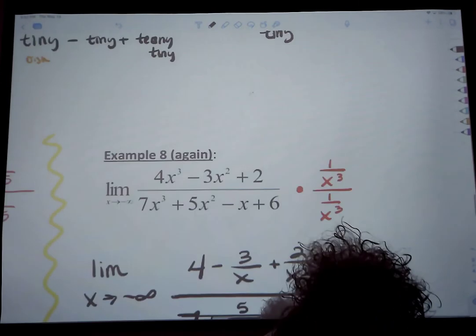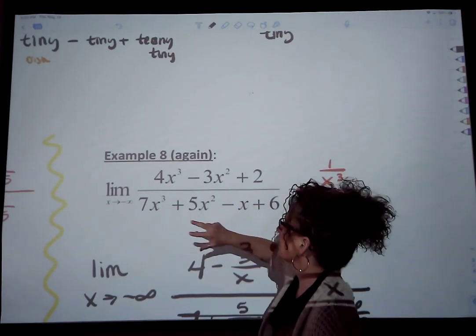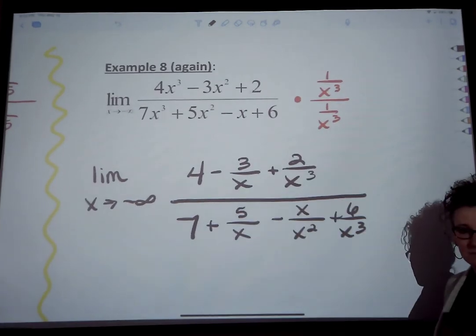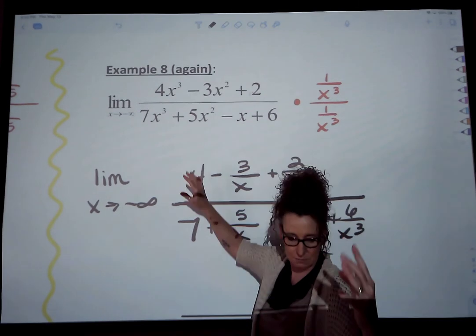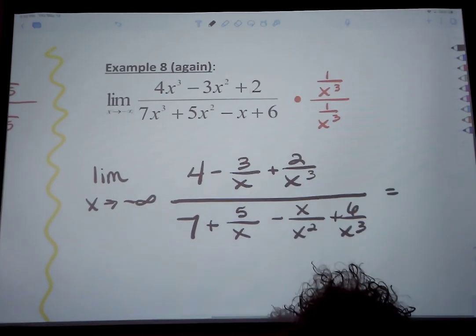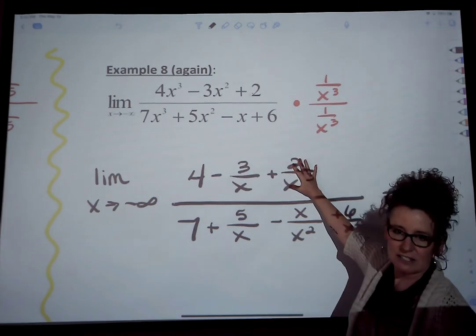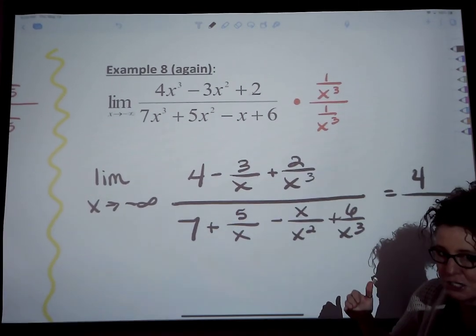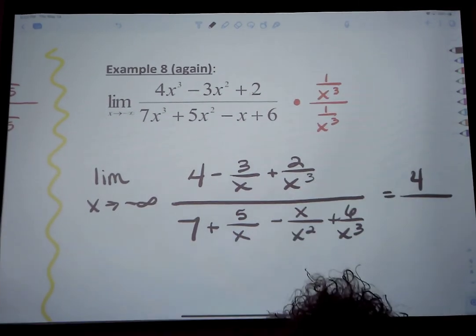Okay, last one. Polynomial, polynomial. Highest exponent, x to the c. Multiply by it. Let's do the limit of each piece. The limit of a constant is 4. Limit, 0-ish. Limit, 0-ish. What's my numerator? 4-ish. Denominator, limit of a constant, 7.